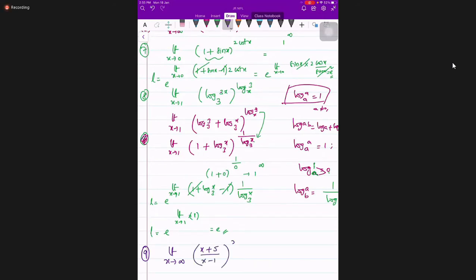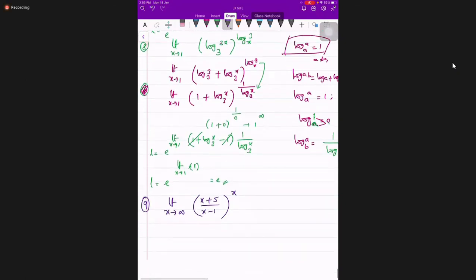So please concentrate, all of you. What is this limit? First, what you need to do, tell me. First, you apply limit x tends to infinity of x plus 5 by x minus 5, with limit x tends to infinity x. Like this, you can do first. Then what answer is it giving?